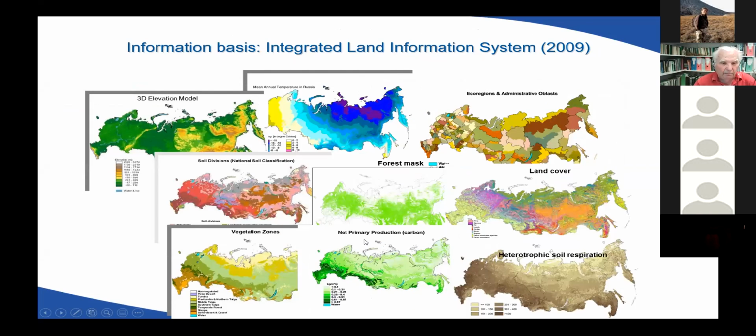It has never been like that. As a result of the integrated land information system, we have spatially distributed, with resolution 250 meters here, all indicators.